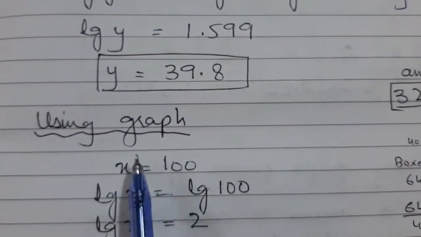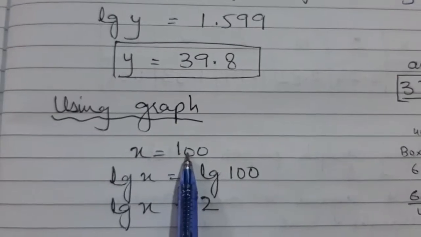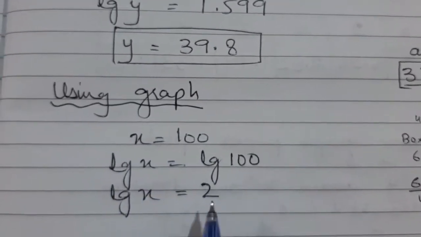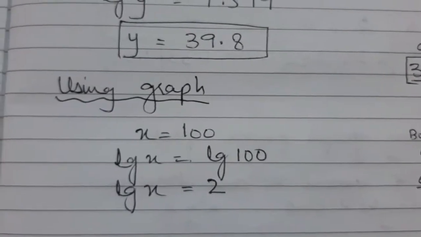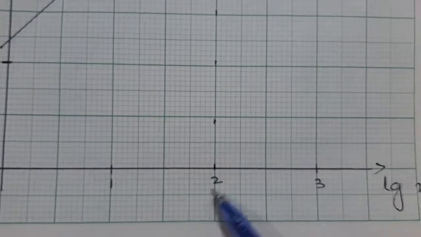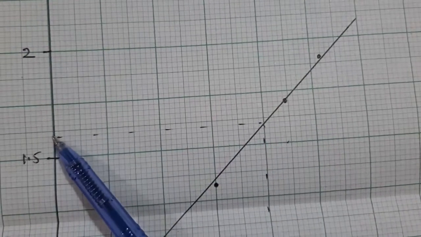So you change it into LGX. So you are taking LG on both sides. Now your LGX is LG100, which is equals to 2. So on the graph paper, you will see where is 2. Here is 2. You go and mark a line there and then read this value.